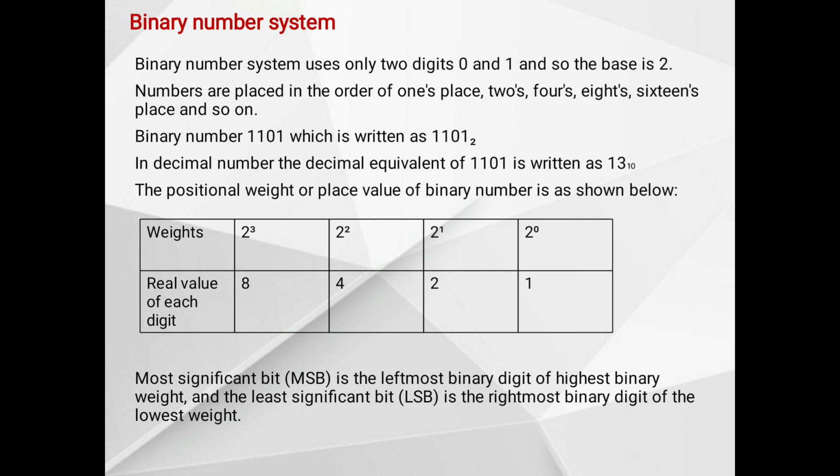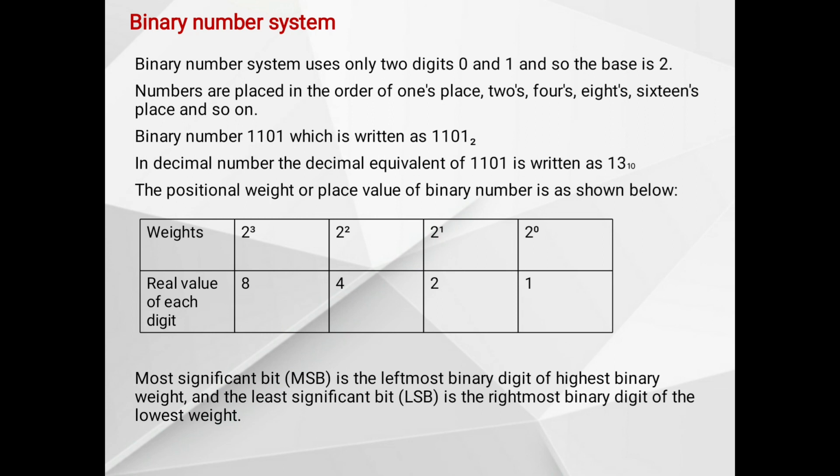So 2 to the power 0 is 1, 2 to the power 1 is 2, 2 to the power 2 is 4, 2 to the power 3 is 8, 2 to the power 4 is 16, and so on. This will keep on going like that.